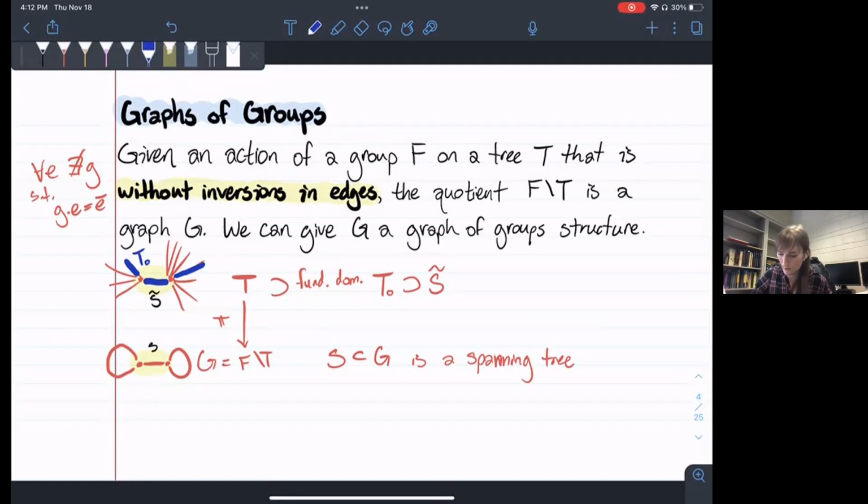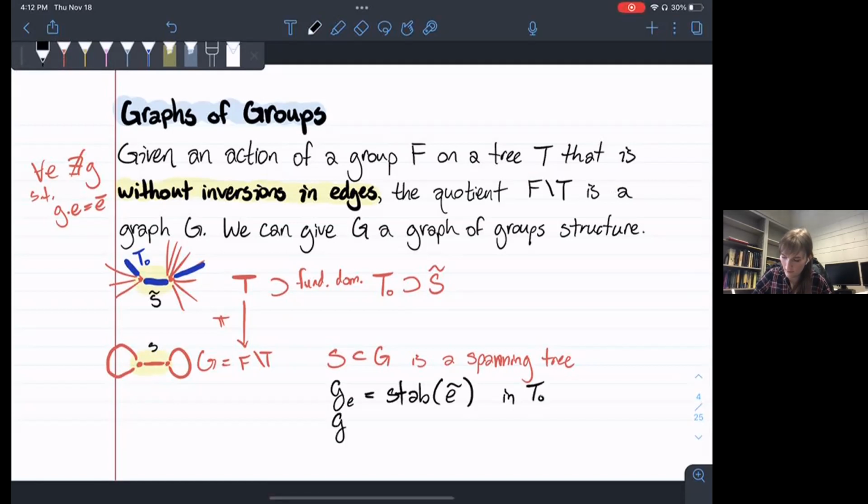So what I do is I say that the edge group is the stabilizer of the lift of my edge E in T naught.